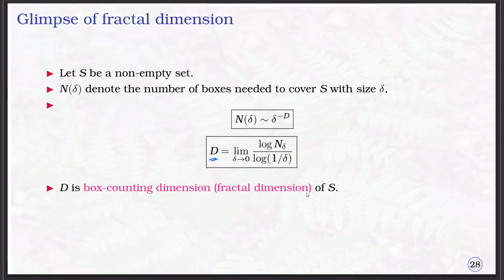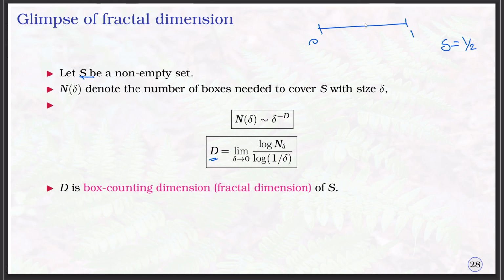Now, how to find the box counting dimension of an object? For any non-empty set we can find the box counting dimension. Then what is the box counting dimension of the line segment 0 and 1? Suppose I am taking delta as 1 by 2.